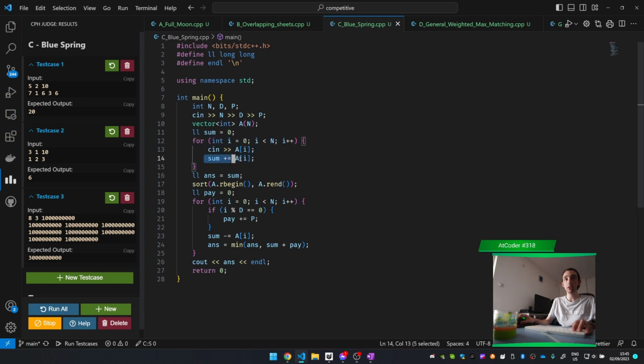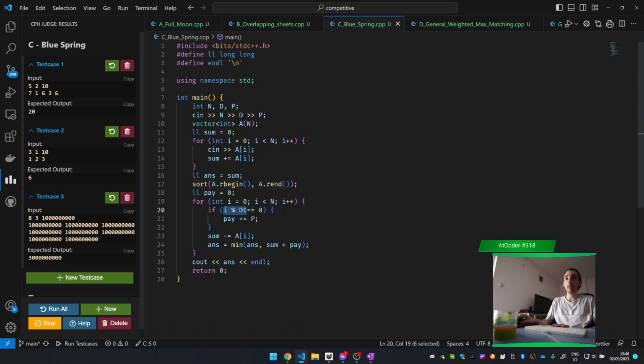What you want to do is sum up all of them and then sort them in reverse order, from the highest to the lowest, because you want to exchange the highest things first for P: the D highest things first, and then the next D highest things, and so forth.